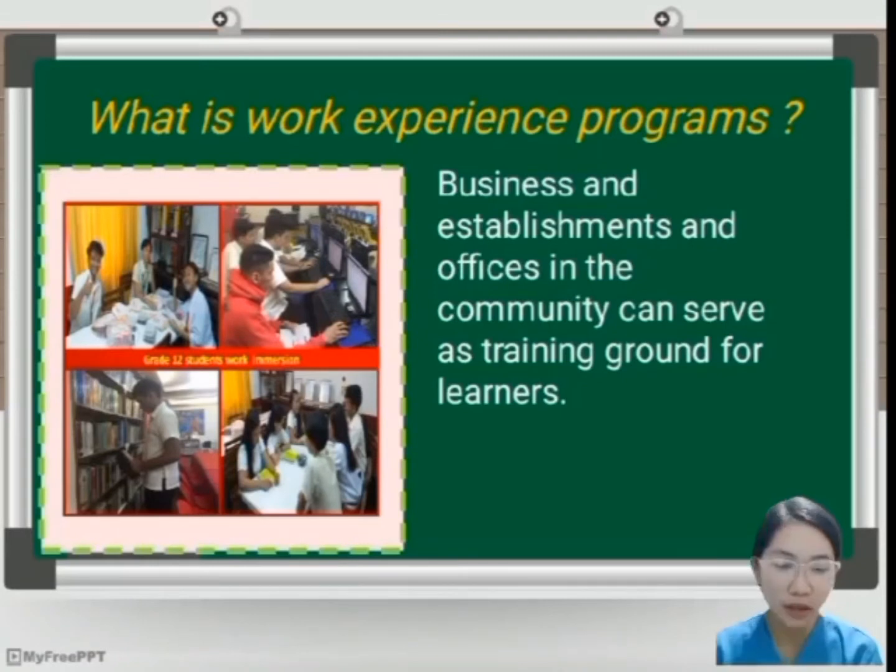It enables the students to undergo hands-on workplace experience, while community establishments contribute to the formation of graduates who are more ready for life and more equipped for the world of work. Business establishments or any world of work in the community are the ultimate beneficiaries of these graduates who have been more prepared through work immersion.